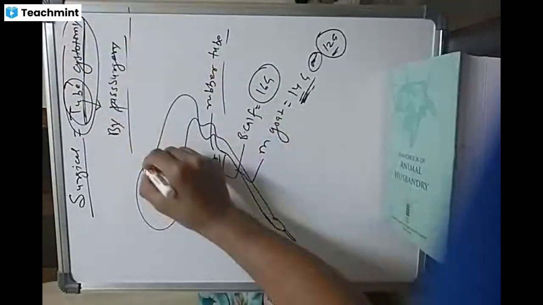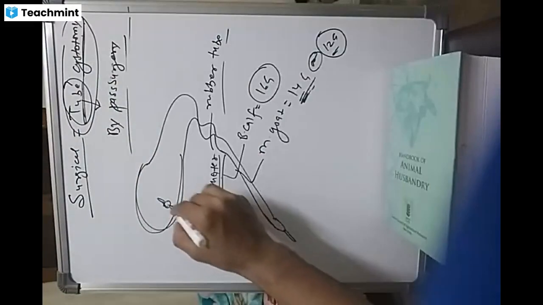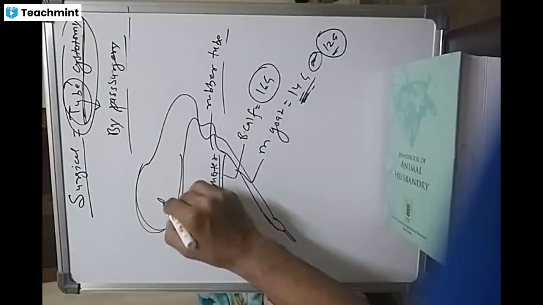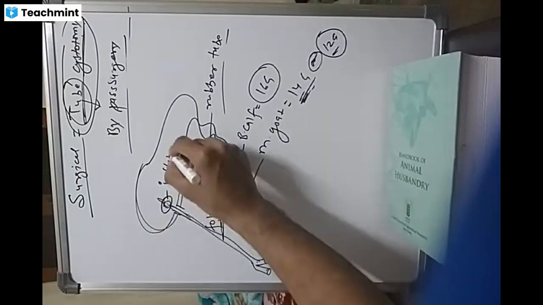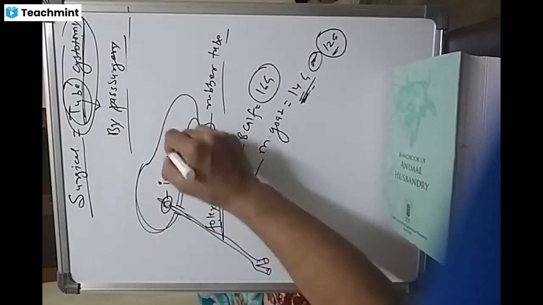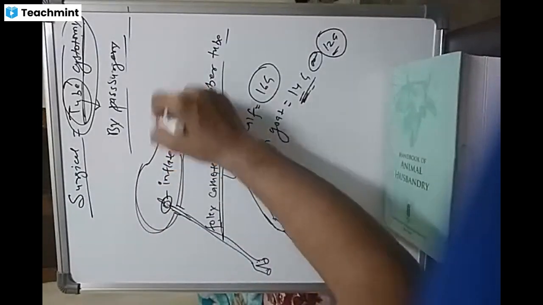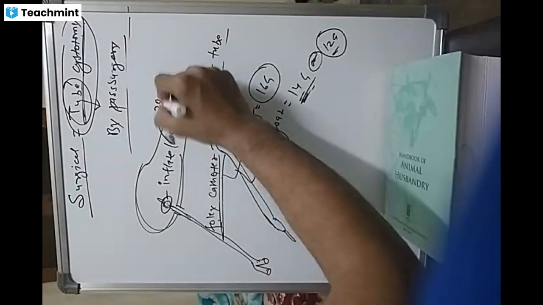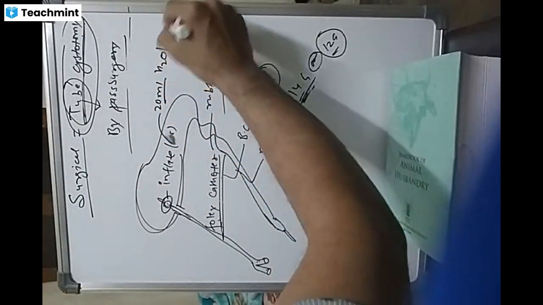Tube cystotomy means a tummy opening here. You can say we stab the tube inside the bladder. We inflate it, we fill it with 20 ml water.